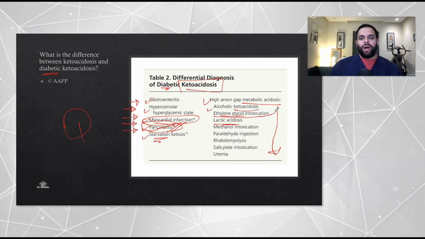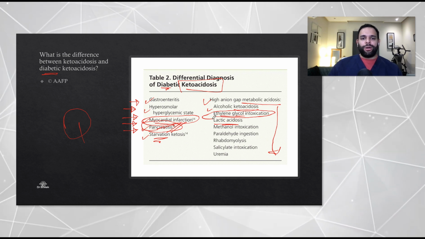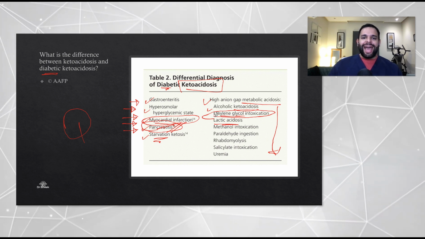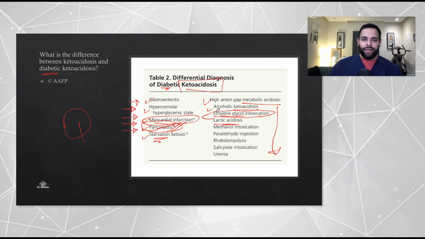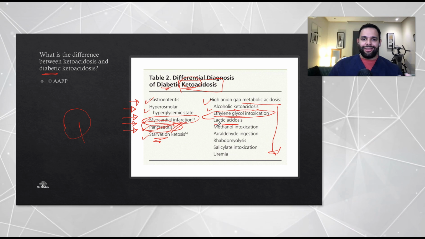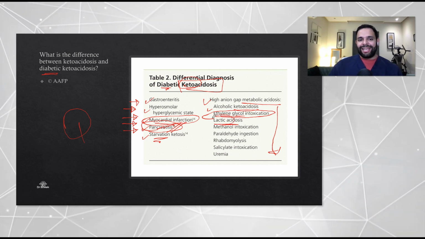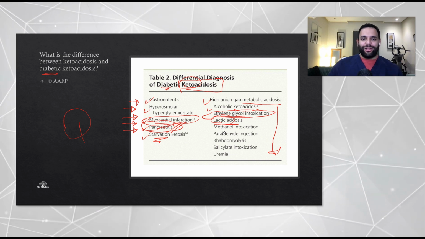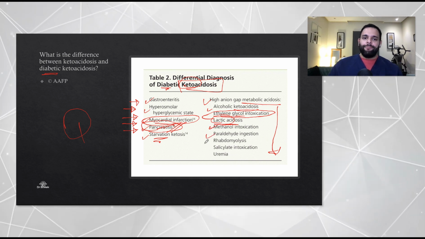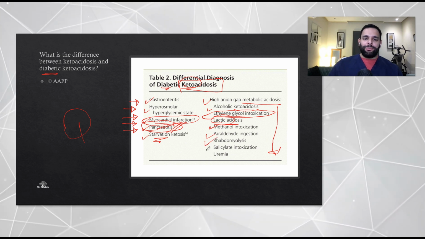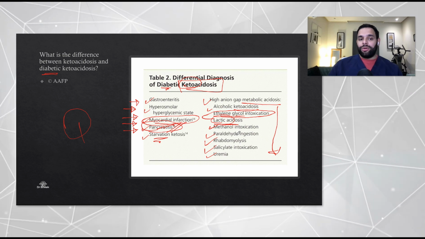Ethylene glycol intoxication will also add substrates in the body that will cause acidosis with an added anion. So ketones are anions, and ethylene glycol can add byproducts that are anions. The lactic acid can add anions. Methanol intoxication, same idea. Paraldehyde ingestion, rhabdomyolysis, salicylate intoxication, and uremia.